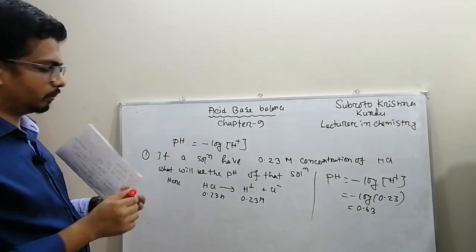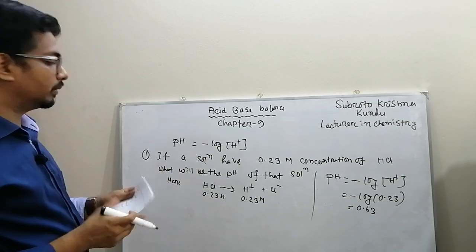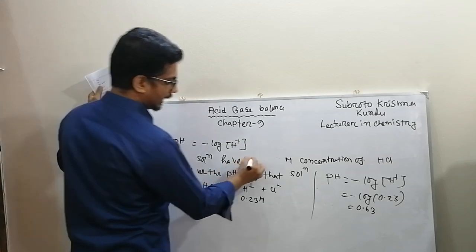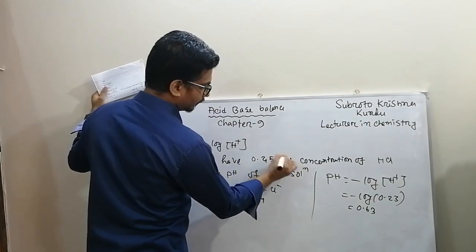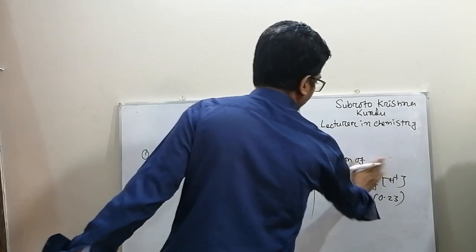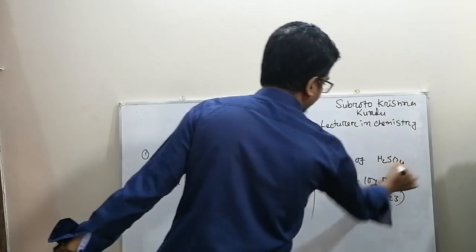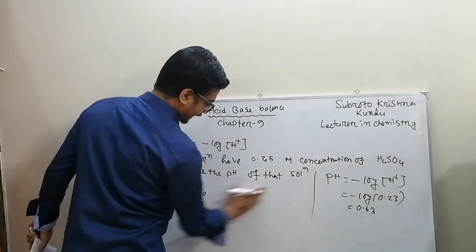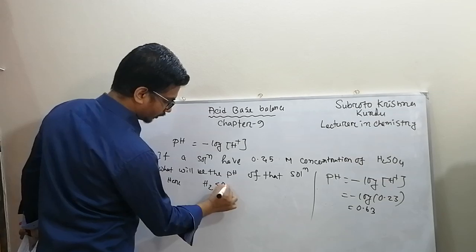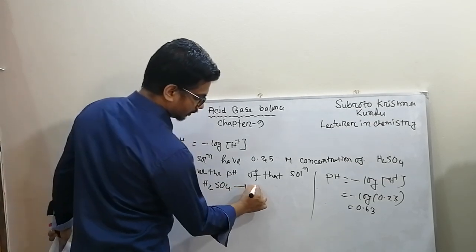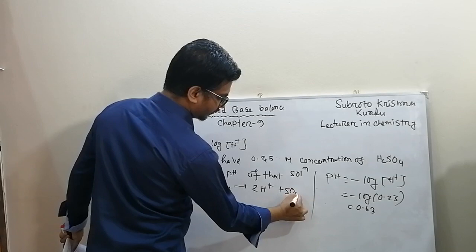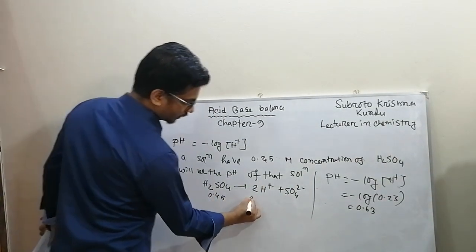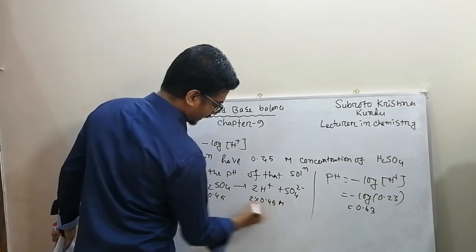Another example of a mathematical problem of pH is given here. If a solution has 0.45 molar concentration of sulfuric acid, what will be the pH of that solution? Here we write that sulfuric acid gives 2H plus and sulfate ion, that means 0.45 gives 2 into 0.45 of H plus.